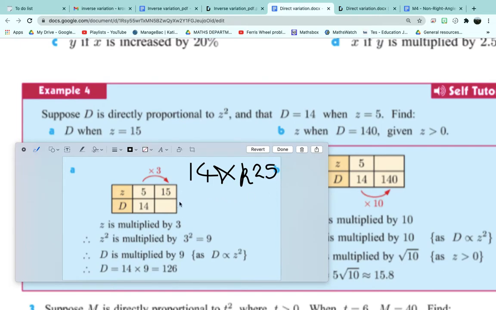Now, if we go to the next value, we would like that d is proportional again to k times the constant squared. K times the constant squared is going to give us the following. K lots of, now our constant this time instead of 5 is 15, so it's going to be 225.